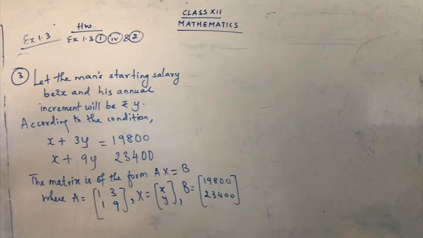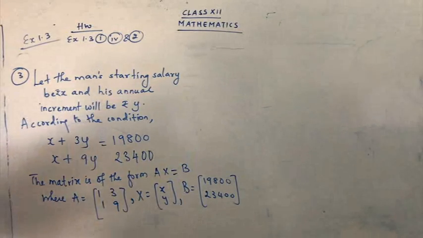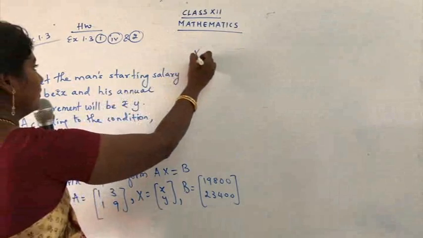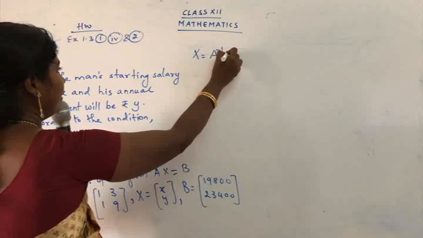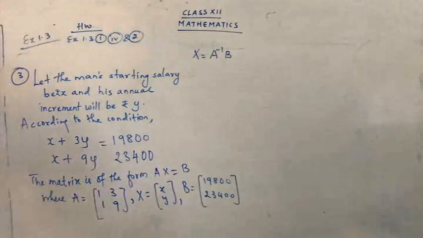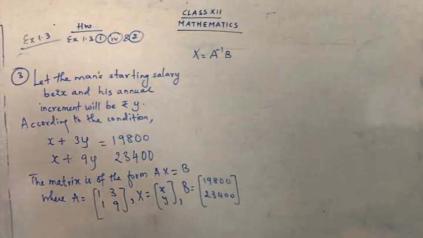Okay. Now we have to get the formula. What is the formula for X, children? Yeah, X is equal to A inverse B. So now what you are going to do is, you are going to find the value for A inverse. And now here finding A inverse is very easy because this is of 2 by 2 matrices.